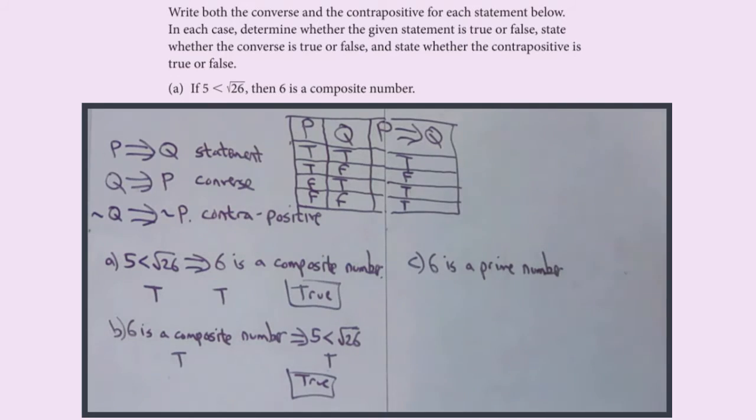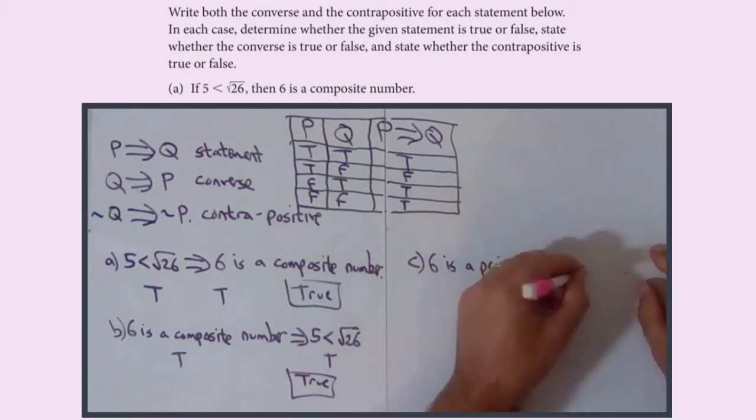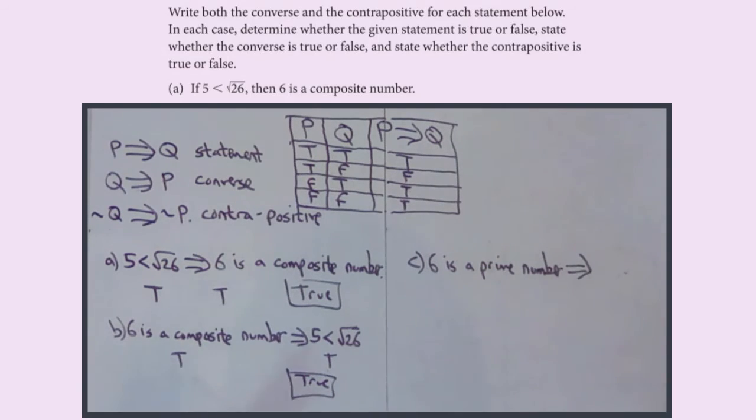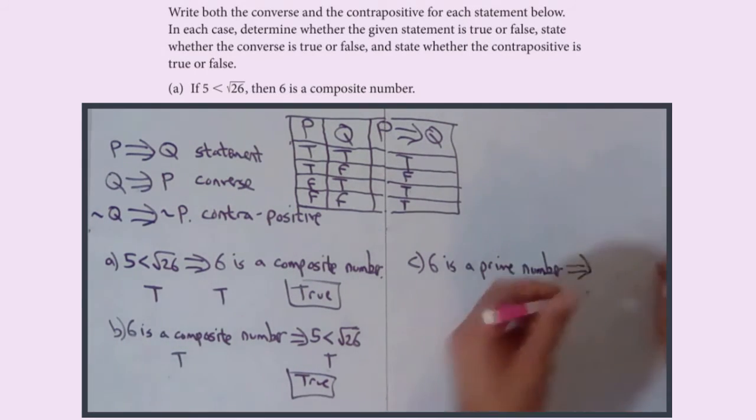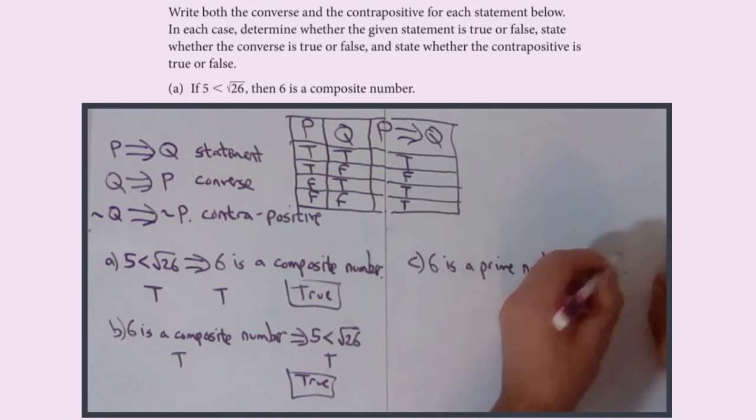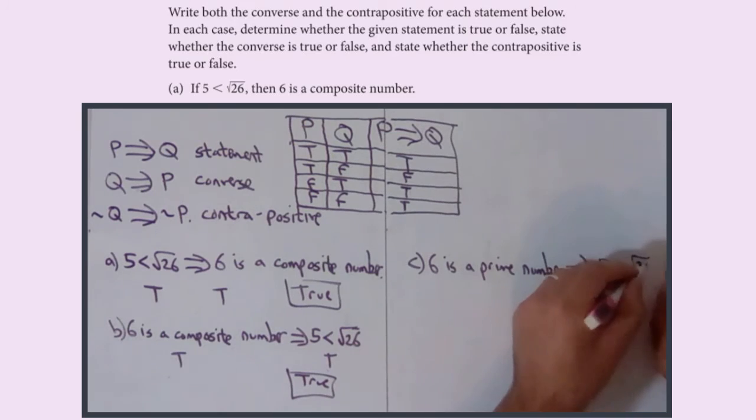If you were to write the negation as 6 is not a composite number, it just shows a little bit of a lack of understanding about number, really. So that needs to imply the negation of this. So the negation of 5 being less than root 26 would mean that 5 would have to be greater than or equal to the square root of 26.